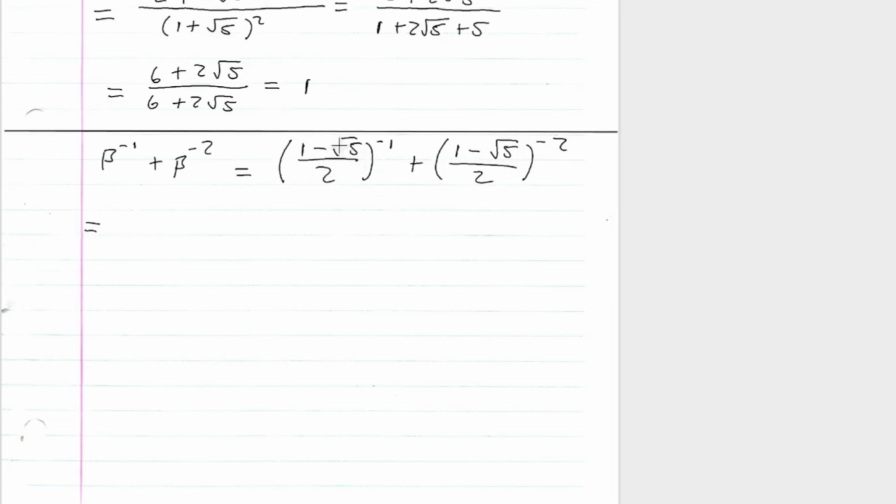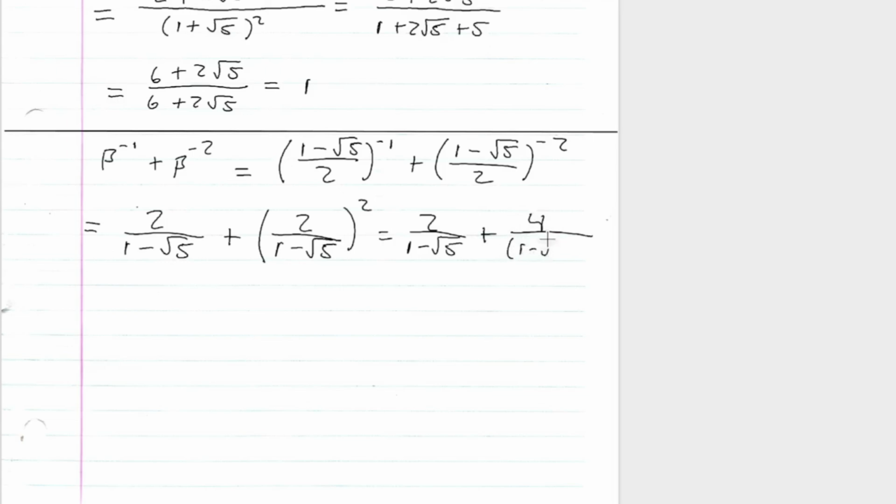We can just flip these because that's the inverse. So this will be 2 over 1 minus the square root of 5, and then plus, and since this is negative 2, it'll be 2 over (1 minus the square root of 5) squared. Now this times itself is equal to 2 over 1 minus the square root of 5 plus 4 over (1 minus the square root of 5) squared, right?